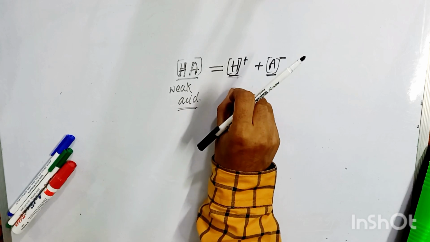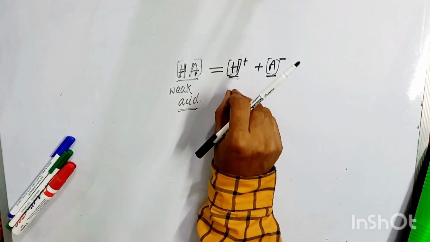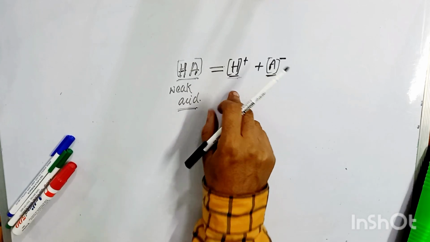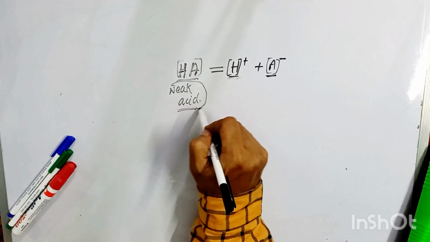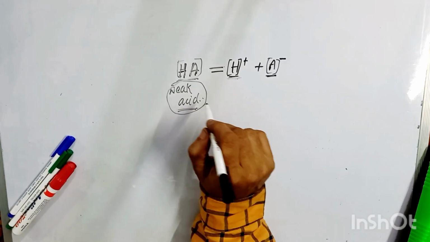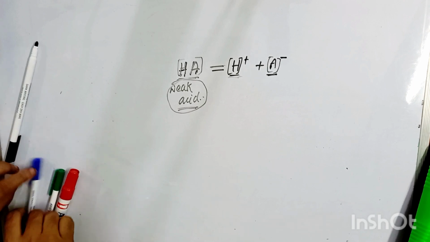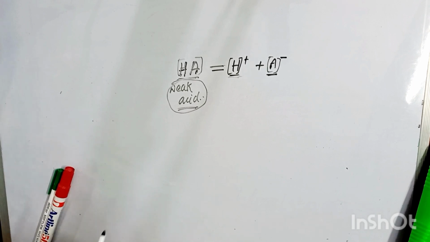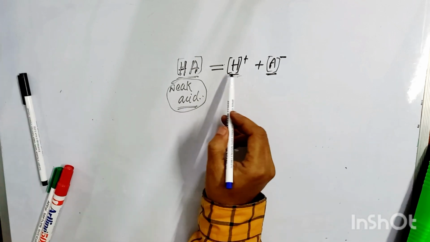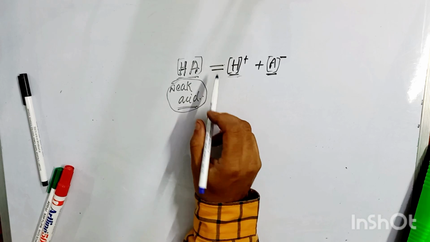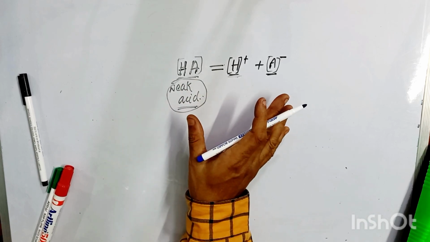So this is very important. We have to resist this change in pH, and so we are learning buffer now. Well, what is a buffer? A buffer is a weak acid. And what is a weak acid? A weak acid is such a molecule which is always partially dissociated.